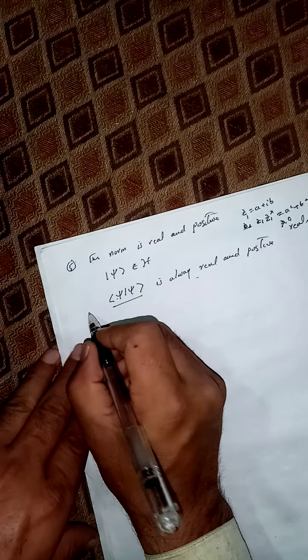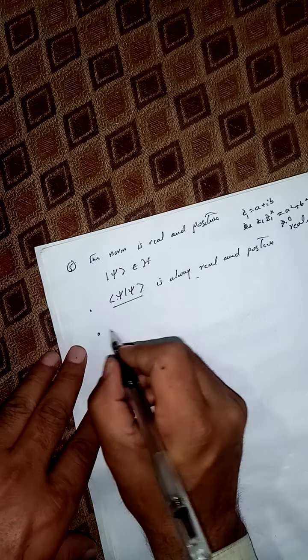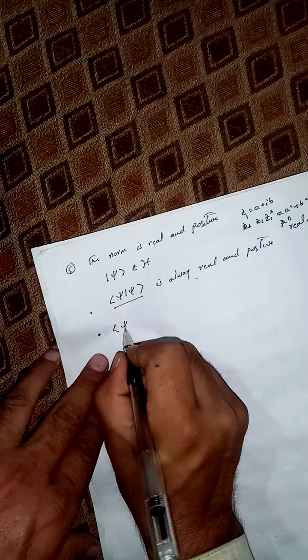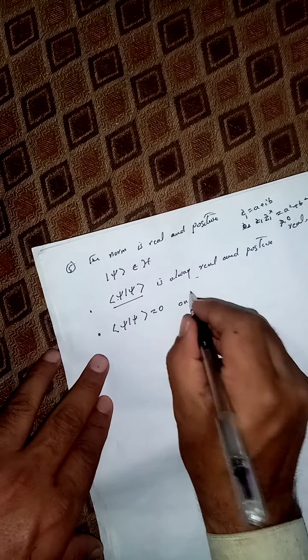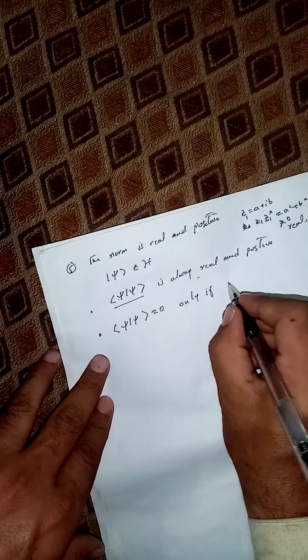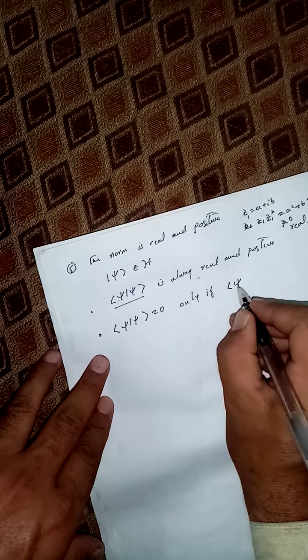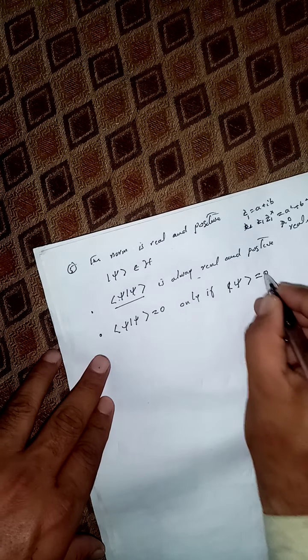Also, we have another sub property. The scalar product of psi with psi will be equal to 0 only if the state vector, the ket psi, is 0.